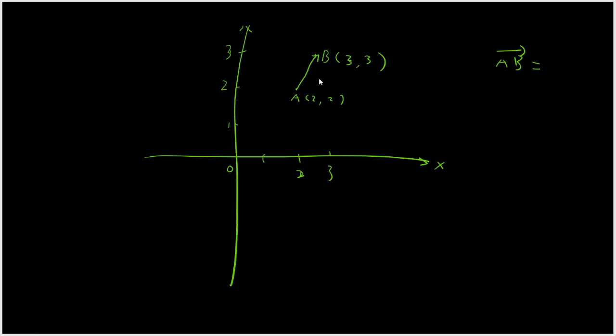You know the initial point, you know the terminal point. It's kind of moving this vector to the location of a position vector, and you know how to represent the position vector.